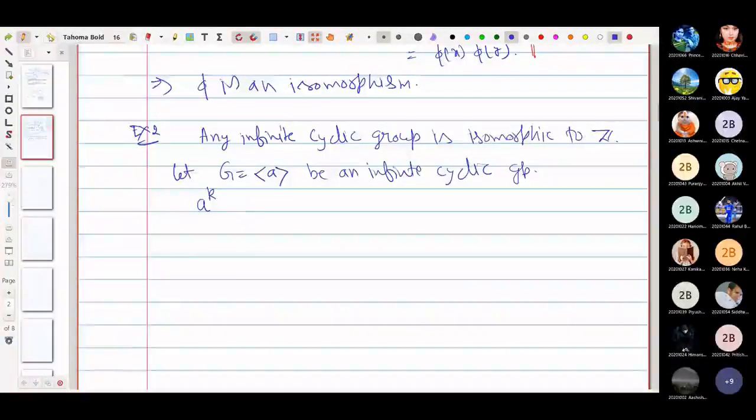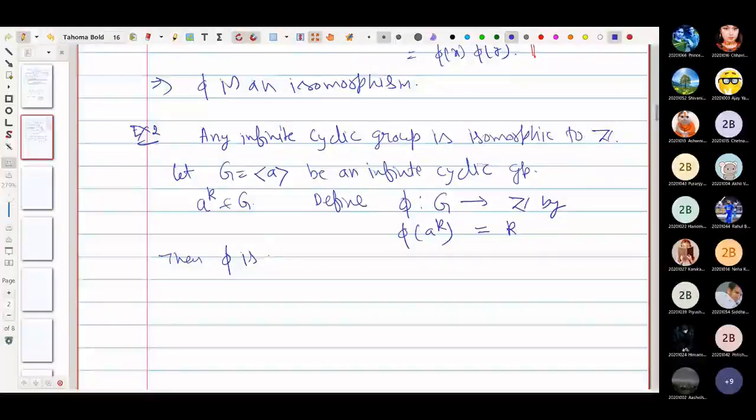Without loss of generality, we can write like this, this belongs to G. Now define some function phi from G to Z. Elements in G are of the form a to the power k, where k is some integer, and this is mapped onto k. Then phi is an isomorphism.